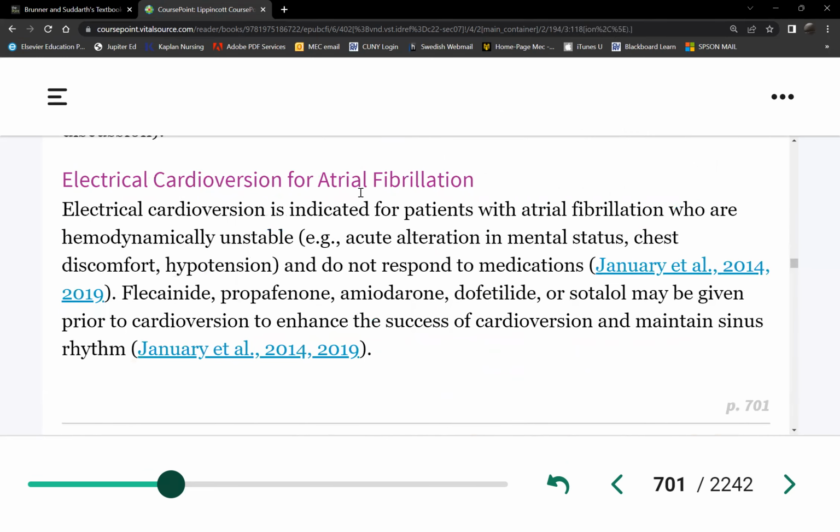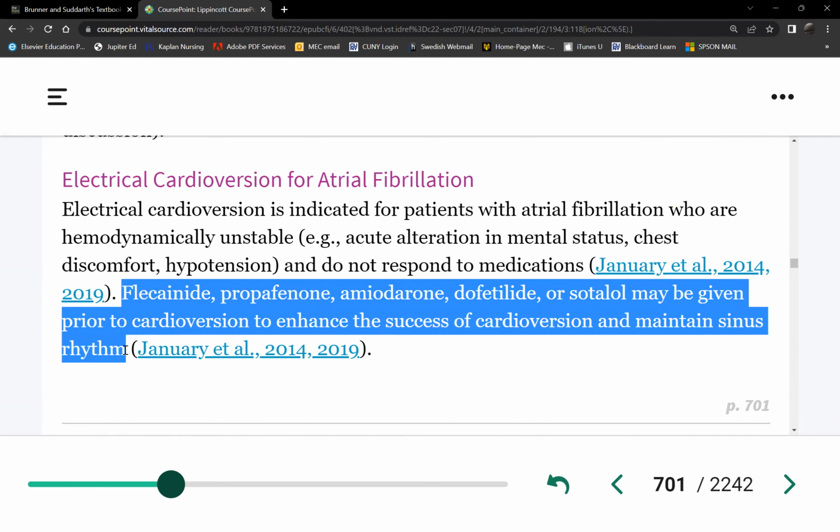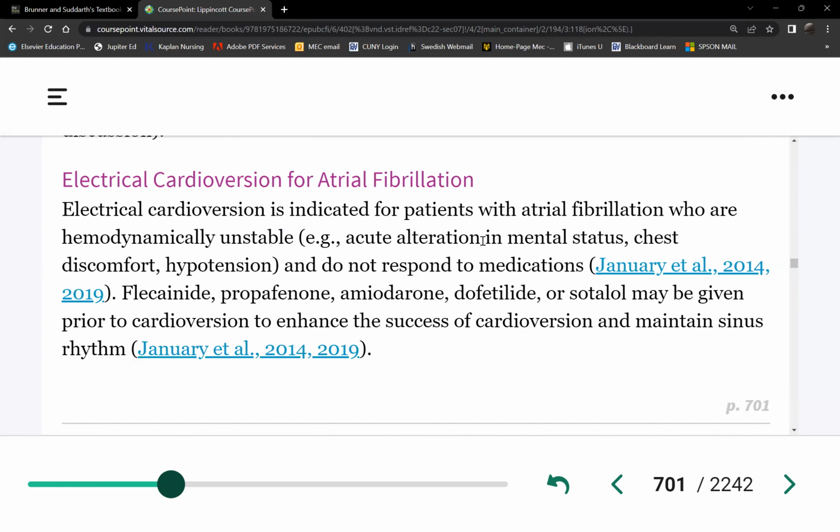So we'll look at your role in electrical cardioversion. And these are the chemical cardioversion agents. So the doctor will also prescribe these in order to convert the patient's rhythm from AFib to sinus using medications. If these don't work, then it will be electrical cardioversion.